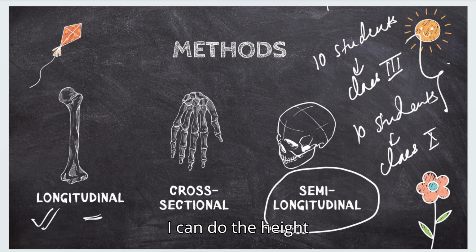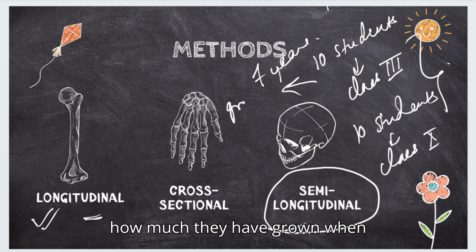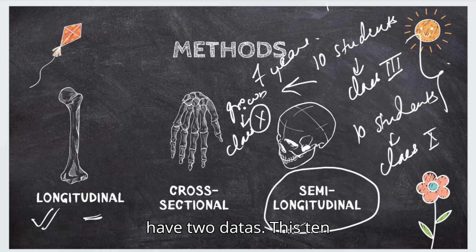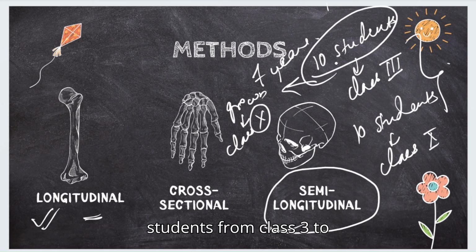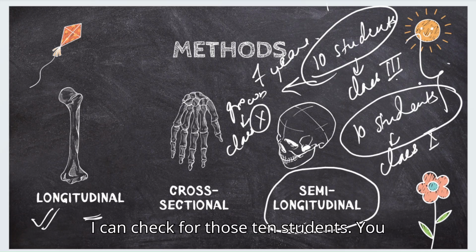I can do the height calculation at the same time, and along with that I can wait for 7 years and see how much they have grown when they became class 10. So now I have two sets of data. One is for these 10 students from class 3 to class 10, how much they are growing. Simultaneously, at that point of time, whoever is in class 10, I can check those 10 students.